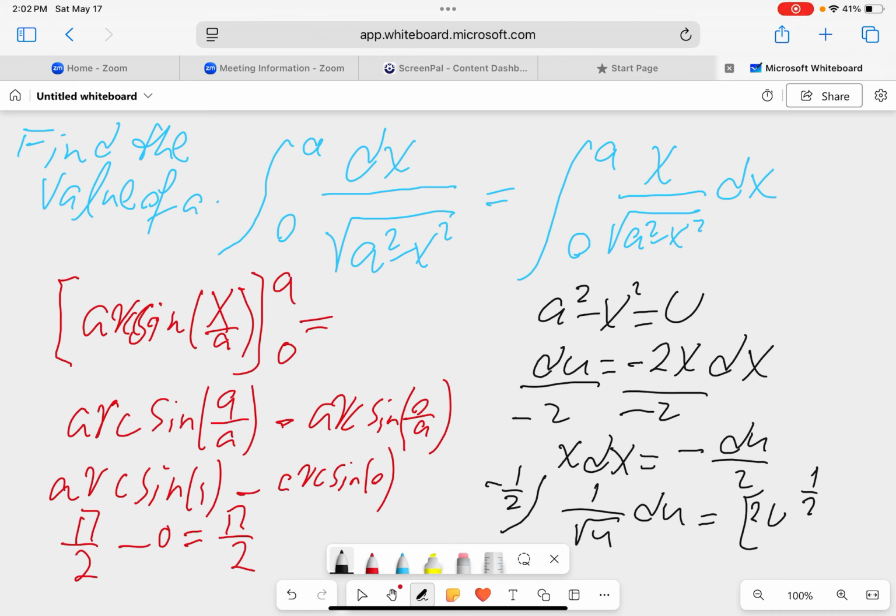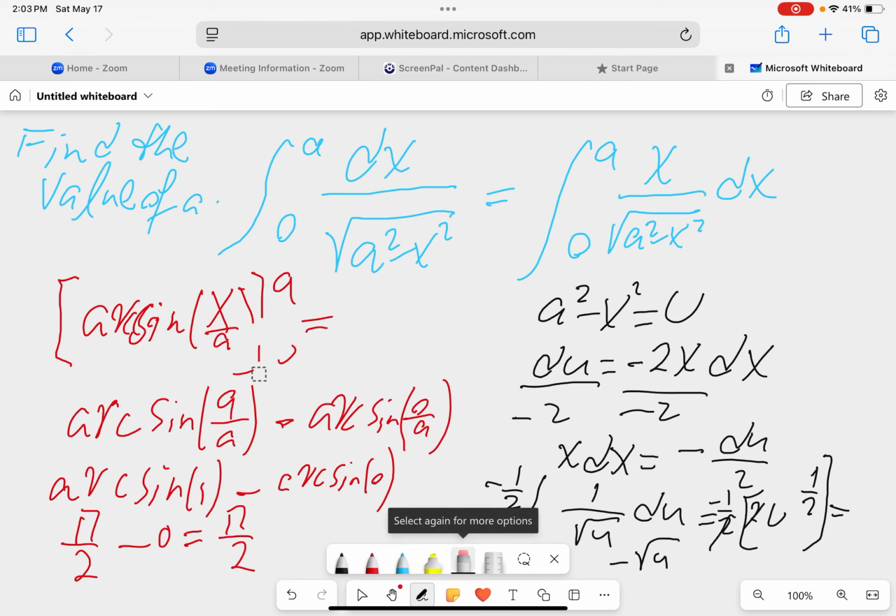It's going to be 1.5 at the bottom, and then it goes up, becomes 2, and then we have a negative 1.5 outside. So we can get rid of this 2 with this 2, so you end up with negative square root of u.